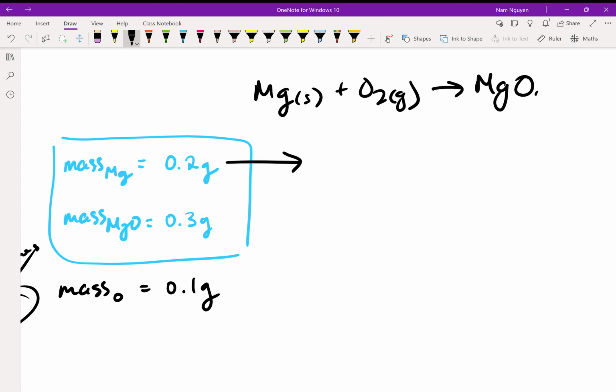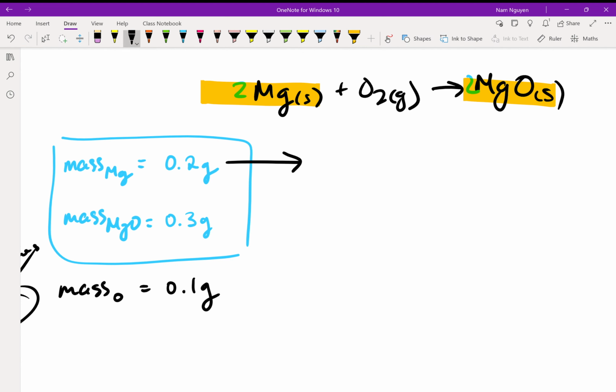So there's all the stuff, and here is the balanced version. And what we can see is for every 2 moles of magnesium, 2 moles of magnesium oxide should be produced. In other words, between magnesium and magnesium oxide, it's a 1-to-1 ratio.